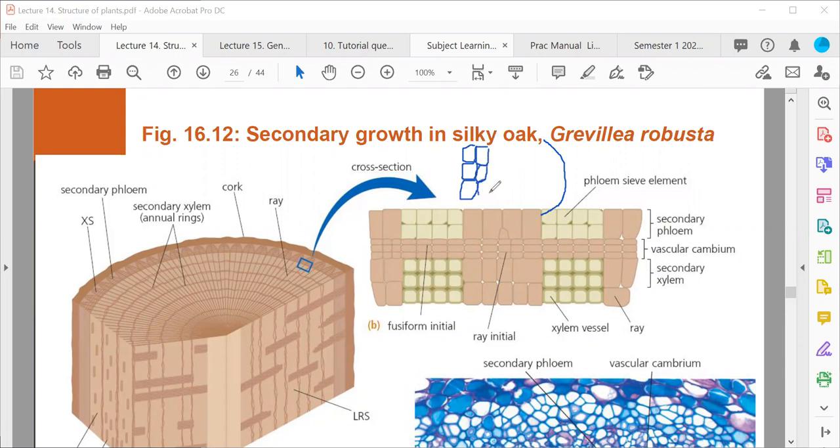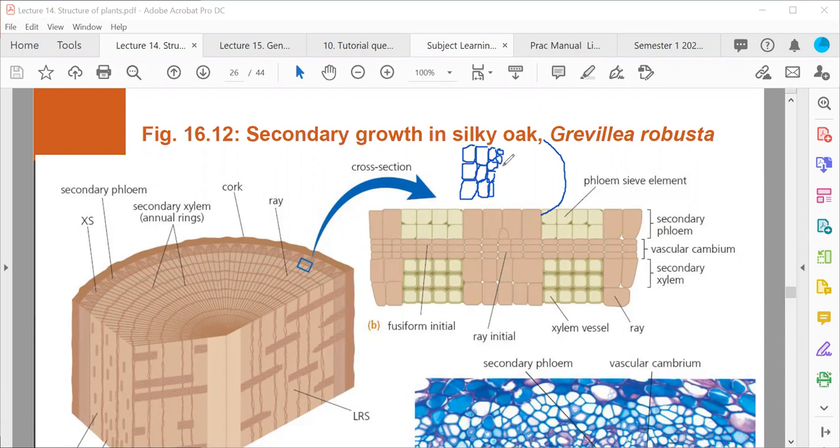Okay, so that's how it's growing. All right, then at the end of the growing season, due to environmental conditions such as decreasing light levels, decreasing nutrients, less water availability and so on, those cells start to become smaller and thicker walled.